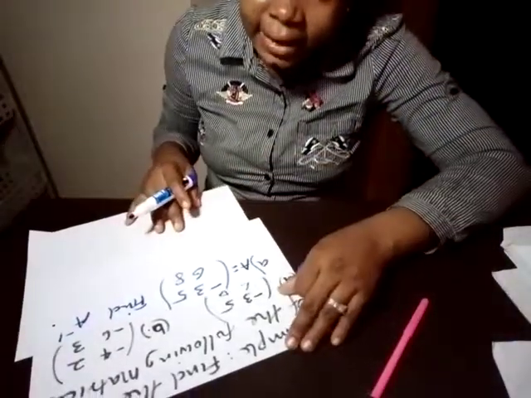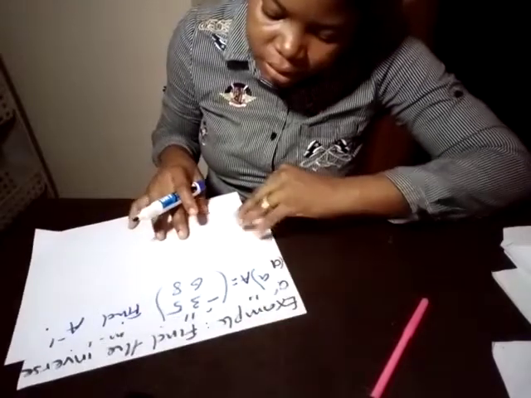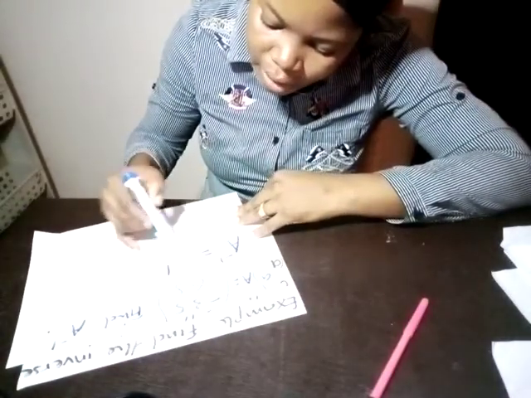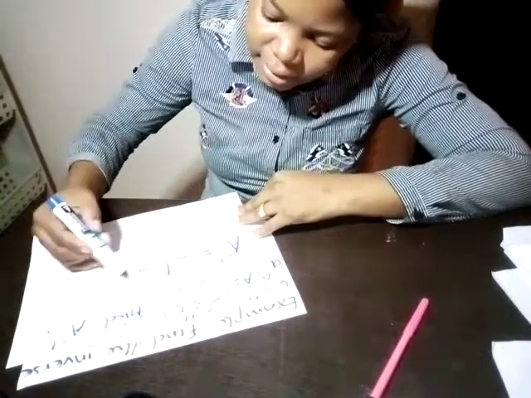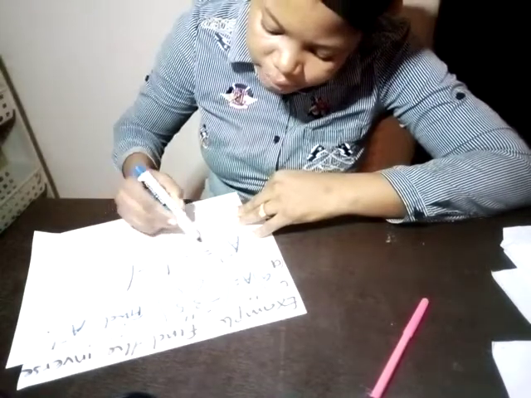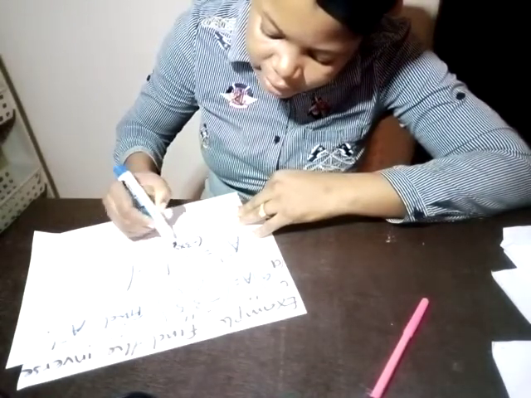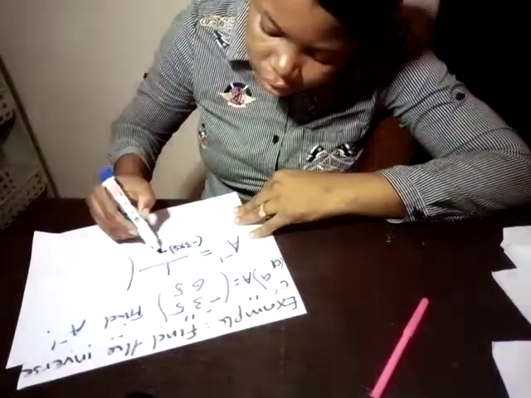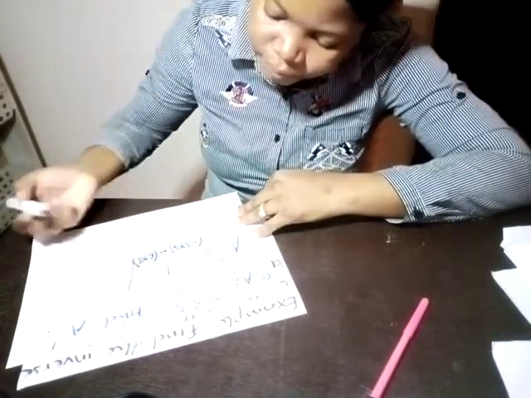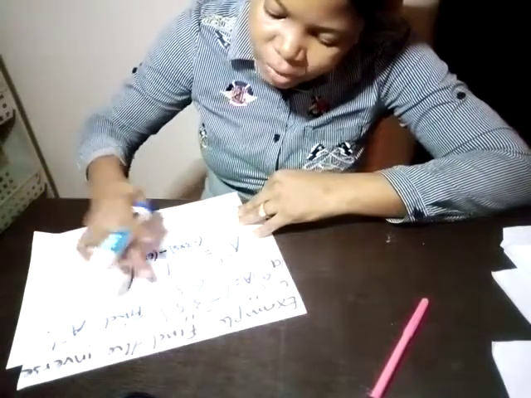To find A inverse in this question, the first thing, our A inverse is going to be 1 all over the determinant. What is the determinant of this? That's minus 3 times 8, minus the second diagonal. That's what? 6 times 5.